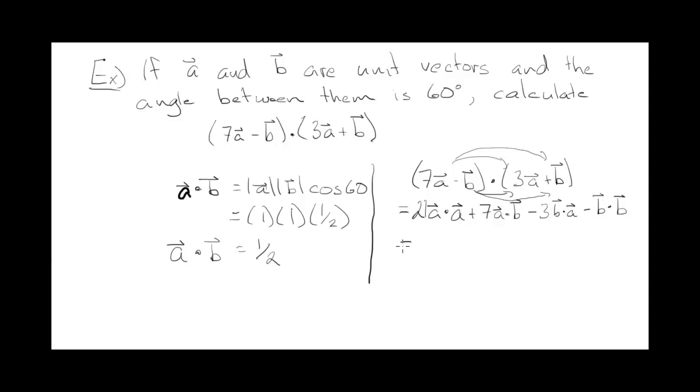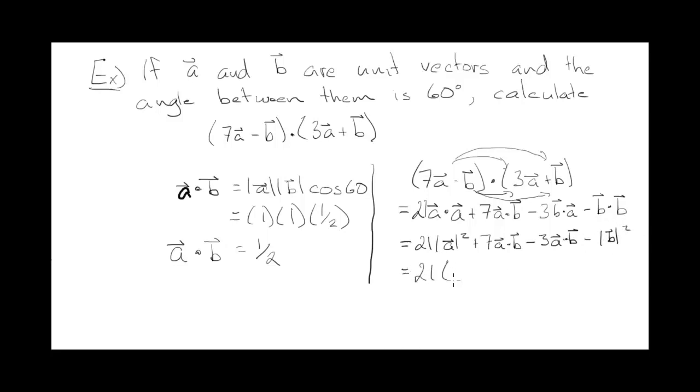Okay, so just simplify this as much as you can. So 21A dot A, remember A dot A is the magnitude of A squared, plus 7A dot B minus, and then 3B dot A I can write as 3A dot B because vector dot product is commutative, and then B dot B is the magnitude of B squared.